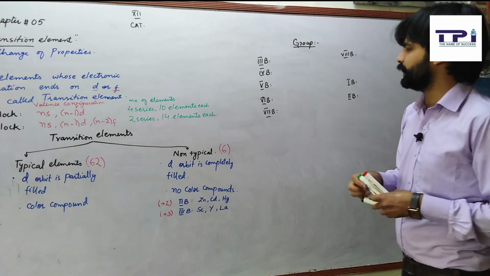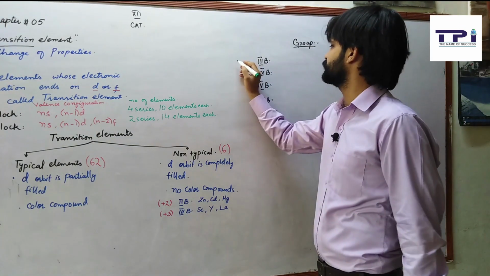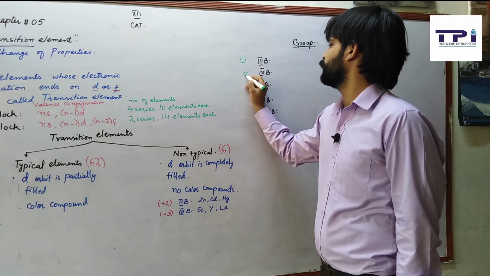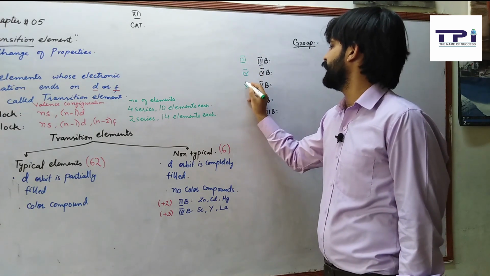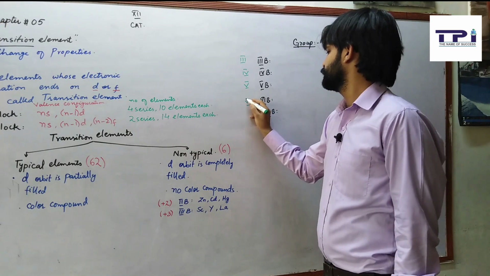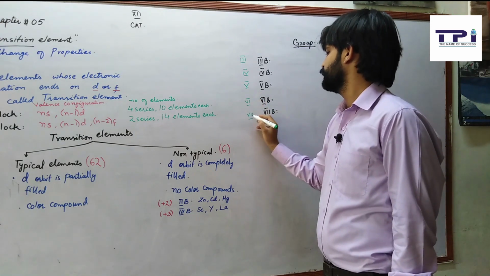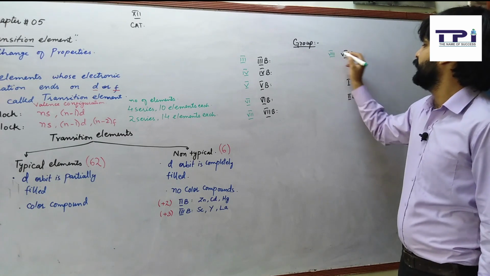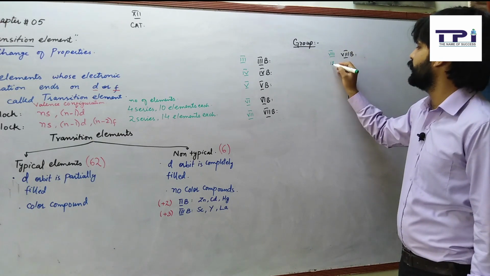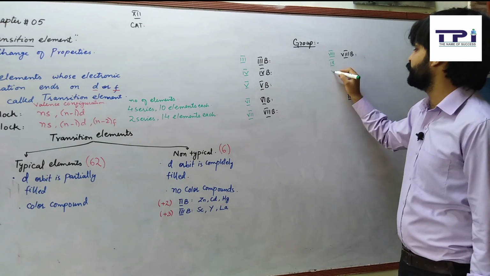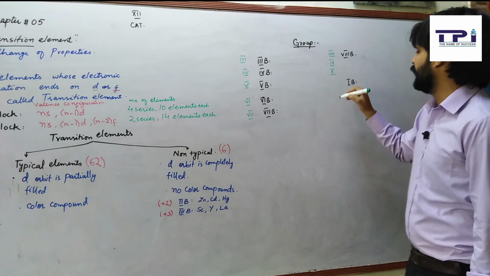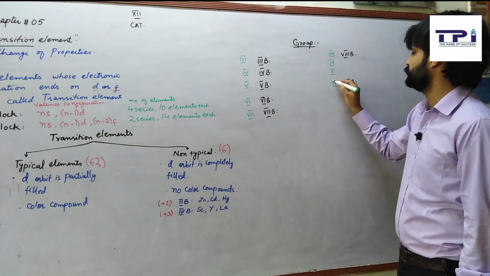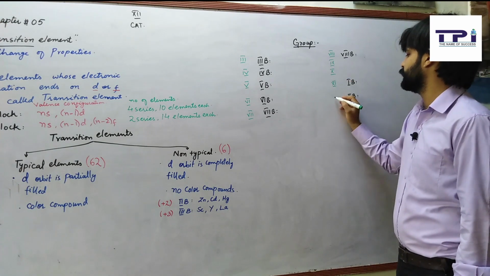As per new periodic table, 3b is referred as group 3, 4b as 4, 5b as 5, 6b as 6, 7b as 7, 8b as 8, 8b also referred as 9, 8b also referred as 10, while the 1b is referred as 11, 2b as 12.